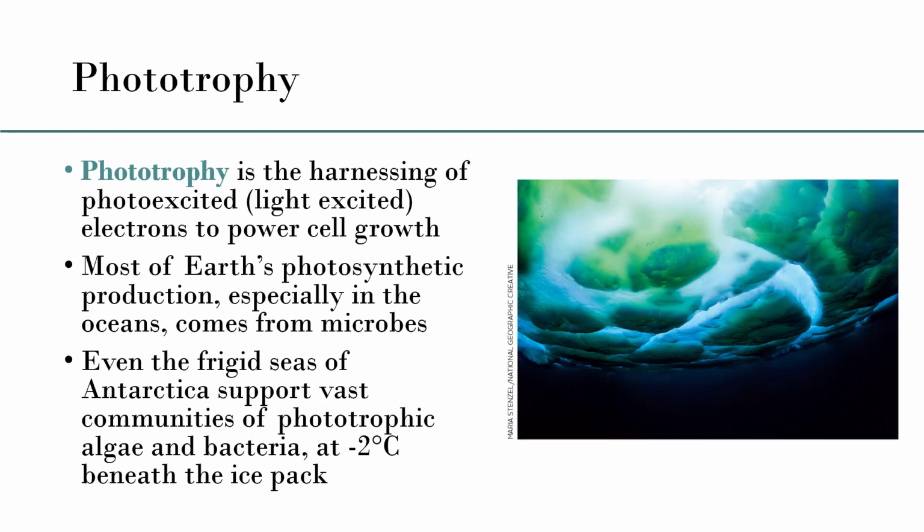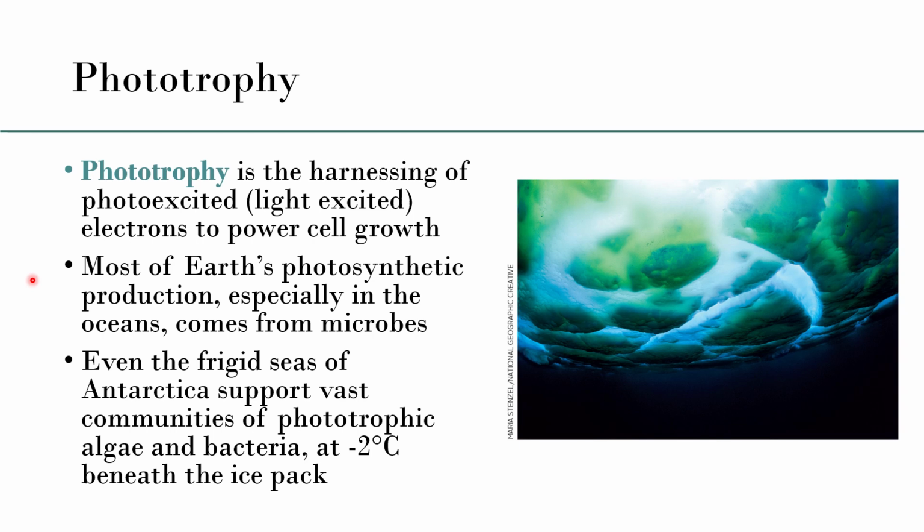And then there's phototrophy. This is all the different ways that organisms can harness the energy in light to power their cell. Usually they use light energy to power up the electrons. They give electrons an energy boost so they can capture more energy from passing that electron around.